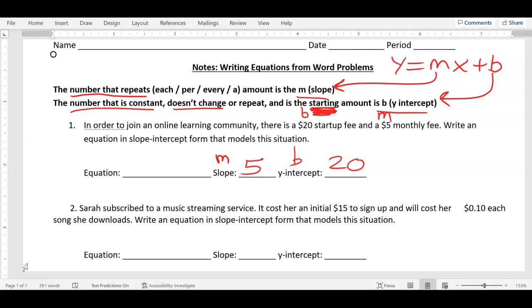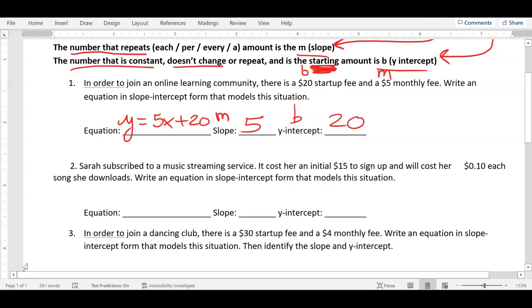Right? Let's write that. So what am I going to write here? Y equals 5x plus 20 is perfect. Okay? So the most common error would be putting 20x plus 5, which is not the same thing, right? So again, the changing amount is your M, the starting amount is your B. If you can get that right, you're good.